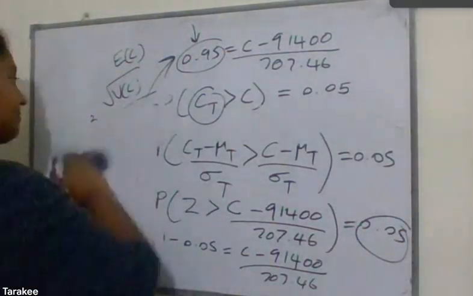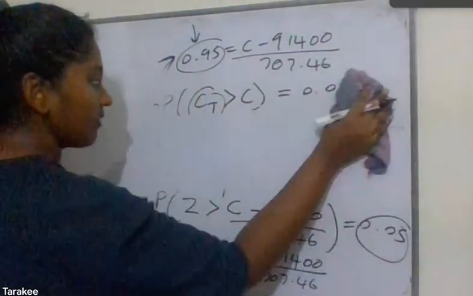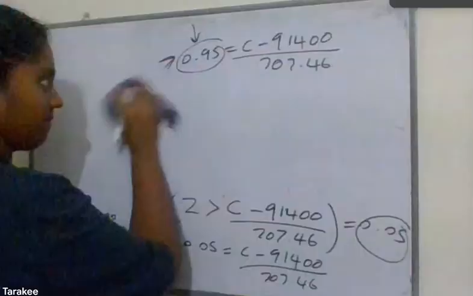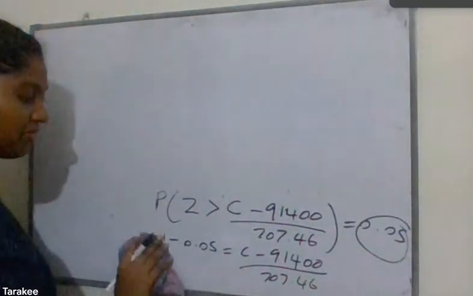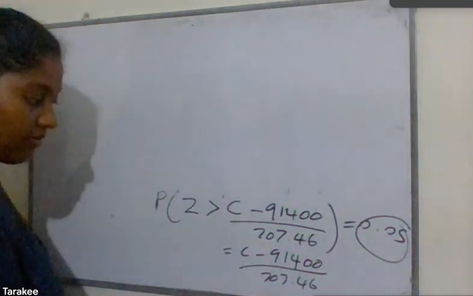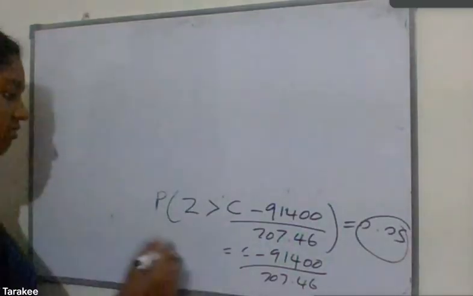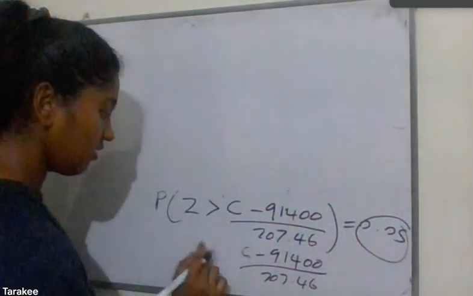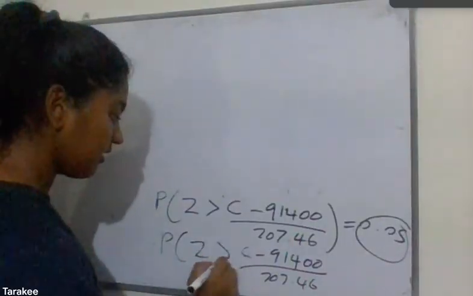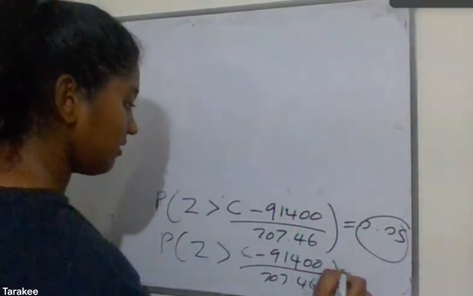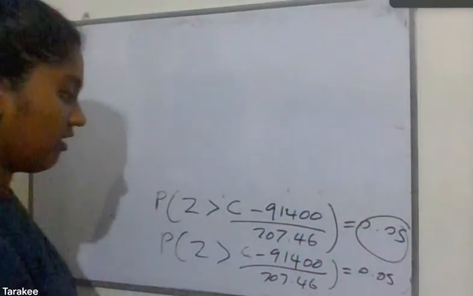Okay, so it's like this. Now we've simplified up to here. It's like looking up an anti-log. So P(Z greater than this) is 0.05.